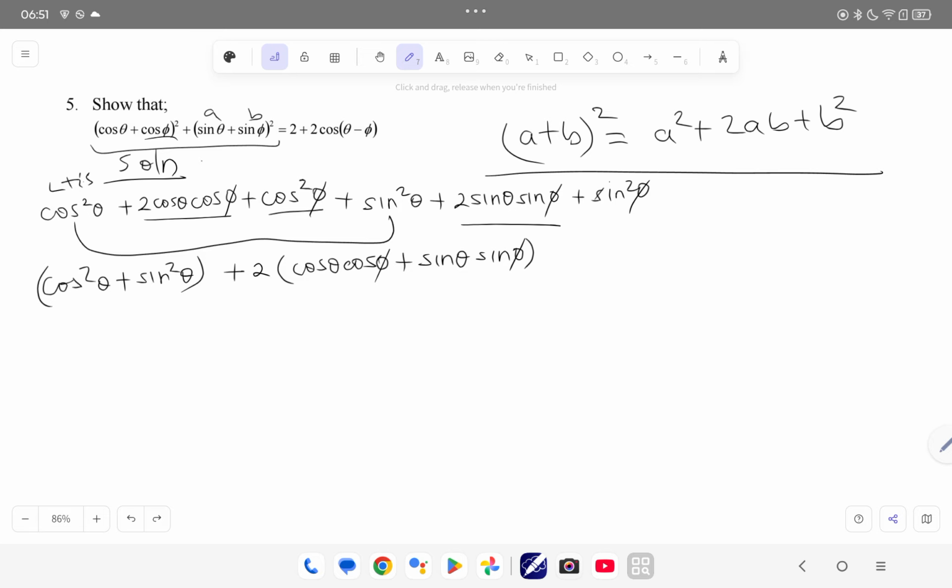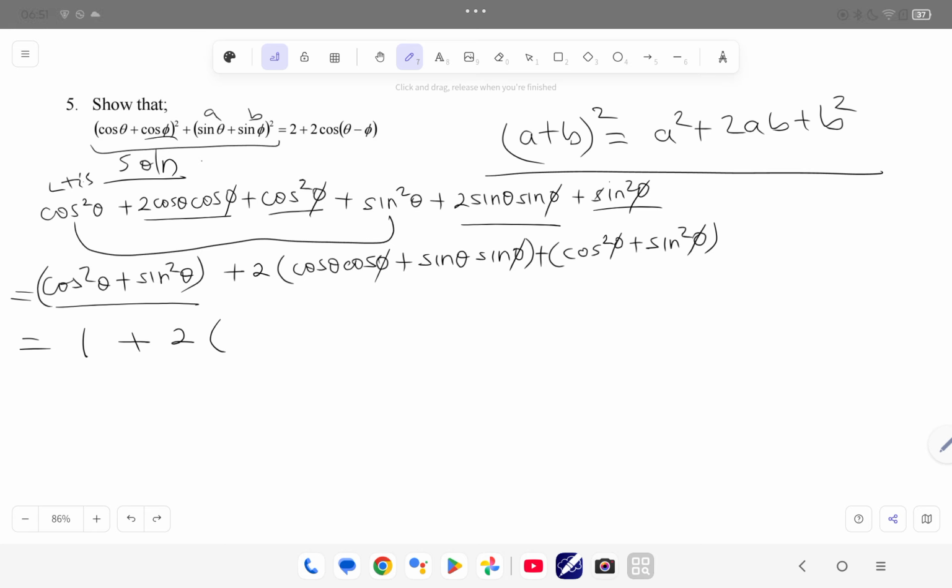Then these two are still also similar. You'll have plus cos squared phi plus sin squared phi. From our first identities of Pythagoras theorem, we discovered that this one is 1, plus 2.